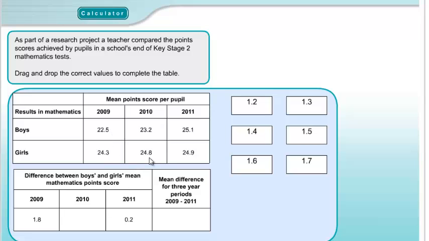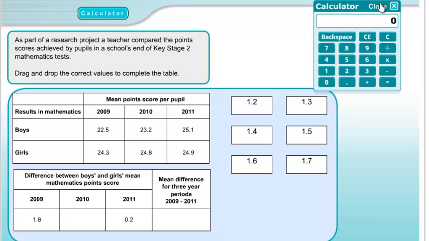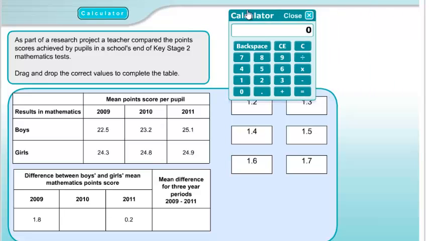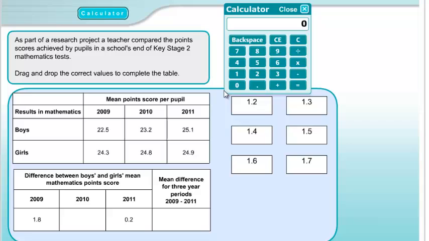So if we do the same for the missing year, 2010, we'll use the calculator to help us out. So we've got 24.8 minus 23.2, and that's 1.6. So that's one of the options. We'll drag it into place.